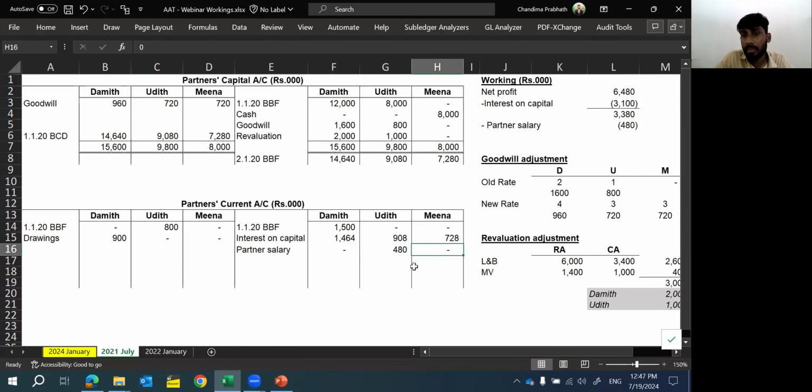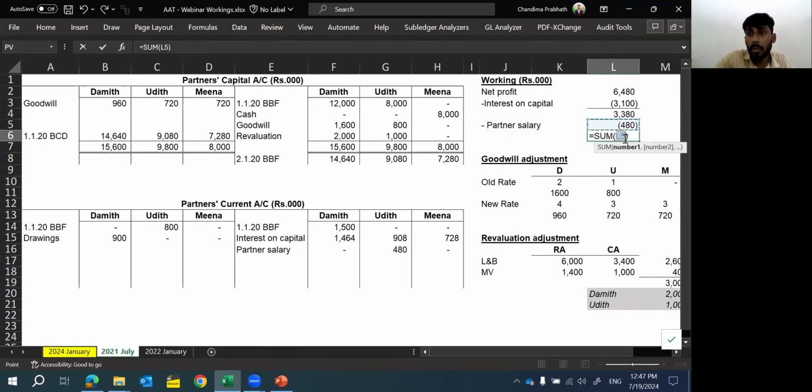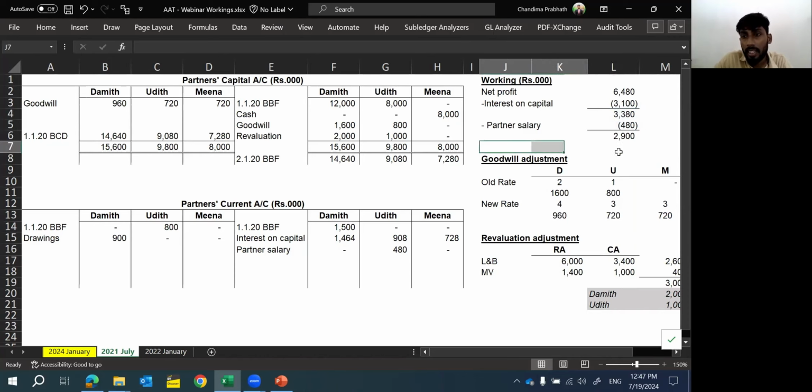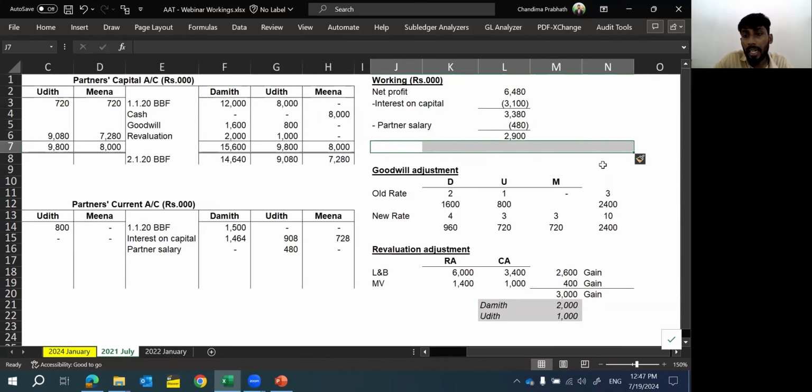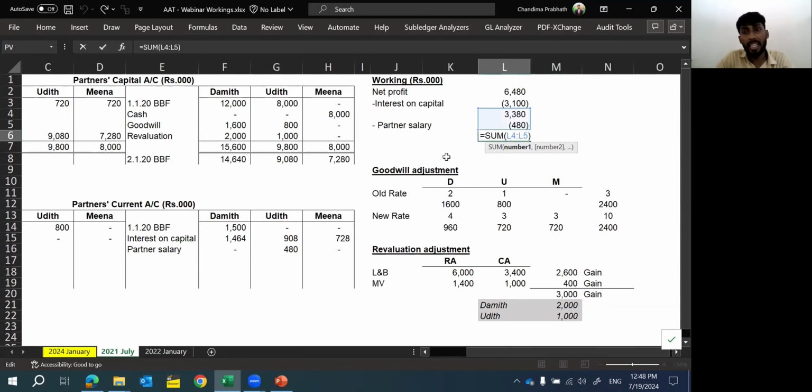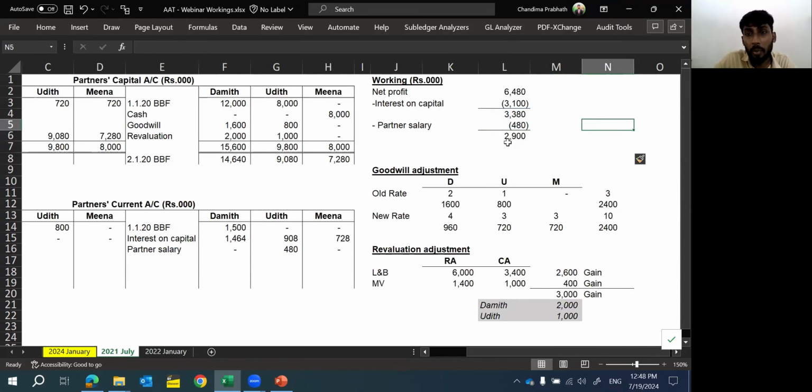Then the remaining. How much? Remaining we have 2,900 to appropriate as the profit shares.